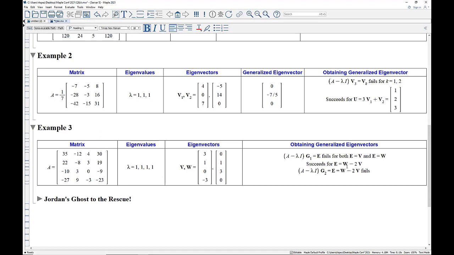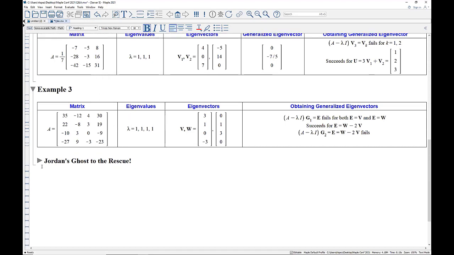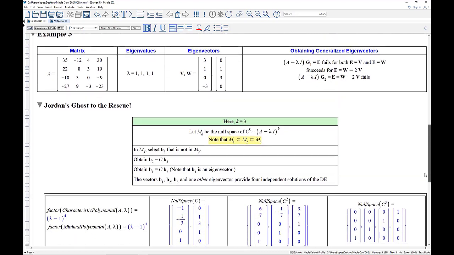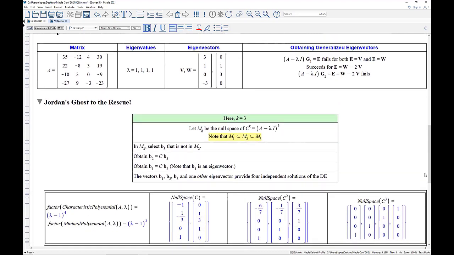You find a linear combination, so there's a specific eigendirection that you can go up the chain 1 step, but then you can't get that remaining generalized eigenvector. So really, you need to invoke some Jordan form theory. So I call that Jordan's ghost hovering in the background. Is it going to spook the situation or not?